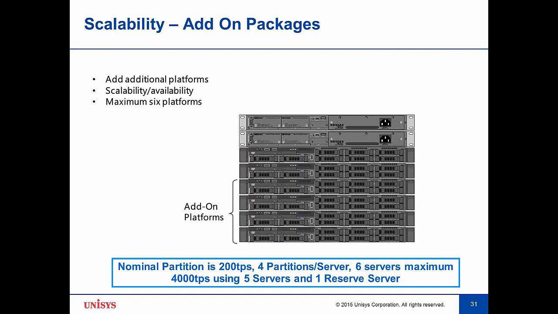You get to 4,000 transactions per second using 5 servers at 800 transactions per second nominal capacity, and you have 1 reserve server in case of a failure issue. So it's quite a highly scalable and highly available platform architecture.